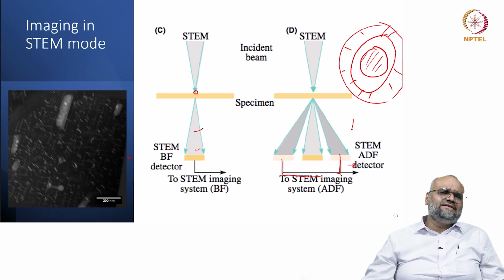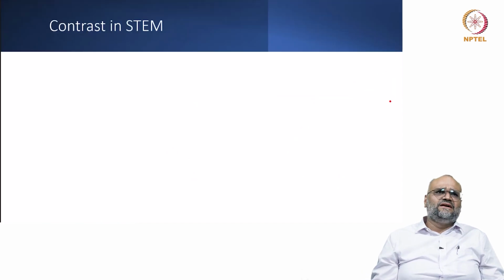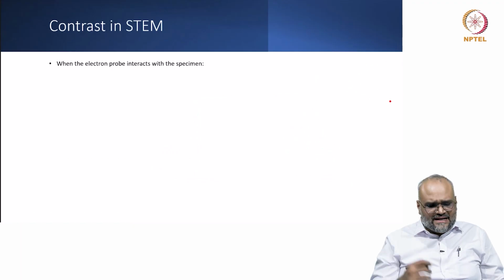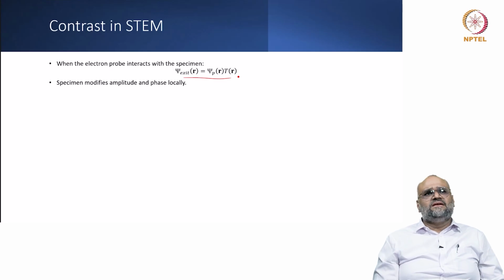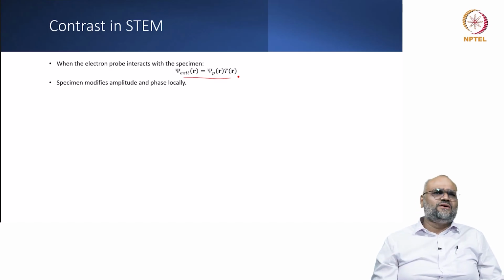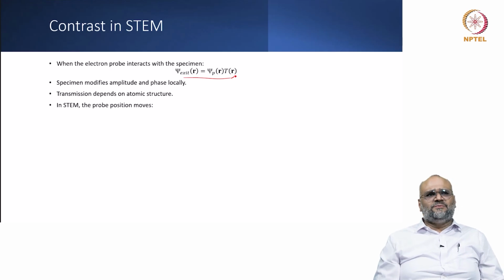And if I understand the contrast mechanism by taking an area integral over this kind of a detector, when the probe interacts with the specimen, your exit wave can be written in terms of the radial coordinates like this. So the specimen modifies the amplitude and the phase locally. The transmission depends on the atomic structure.